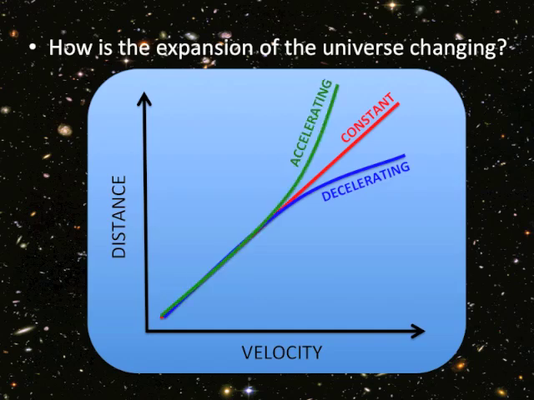On the other hand, if the universe was accelerating, and you look at very, very distant galaxies, they should appear to be receding slower, right? Because the universe is expanding faster today. So in the past, when you look at the very distant galaxies, they should appear to be moving slower than if the expansion was constant, right?